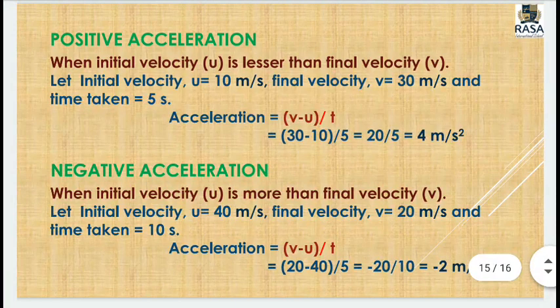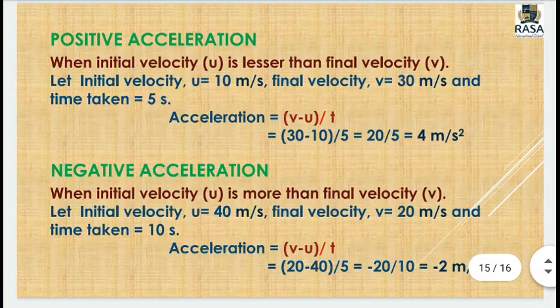Now negative acceleration. Suppose while driving someone comes in front or there is a red signal on the street, then what you do, you start applying the brakes and slow down your vehicle finally to zero. Then the initial velocity is more than the final velocity. So whenever the initial velocity is more than the final velocity, then it is negative acceleration, also termed as deceleration or retardation.